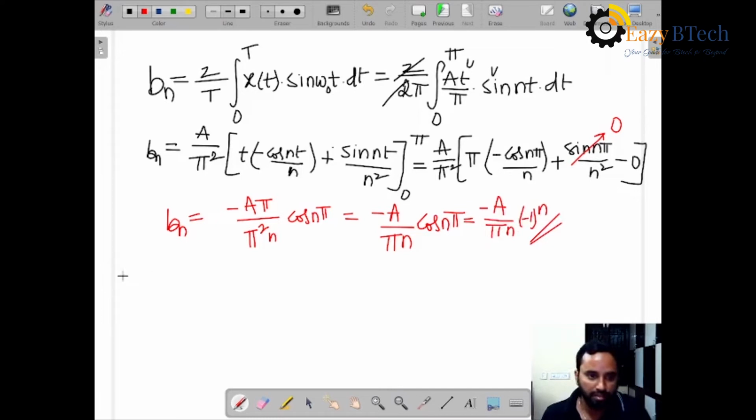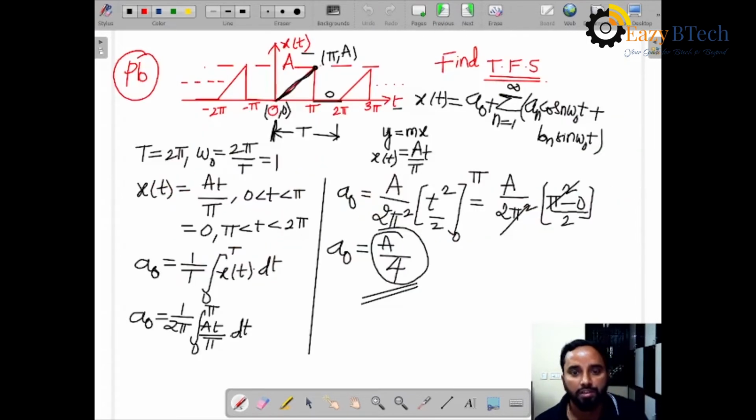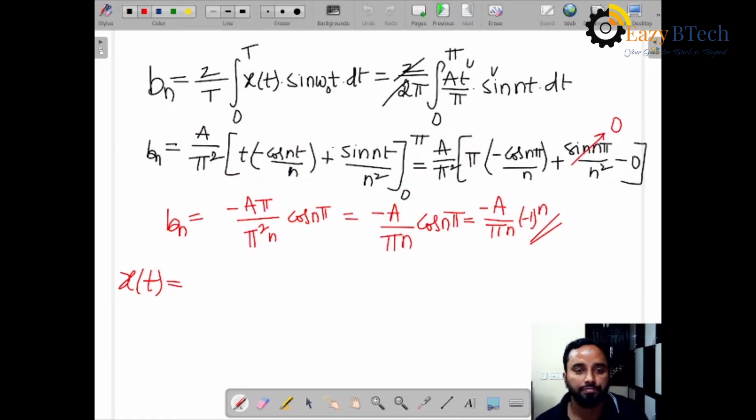So finally we write the answer, x of t. A naught, what is the a naught value we have? We go to the previous page. What is a naught? A naught is a by 4. So take that a by 4 plus summation 1 to infinite an.